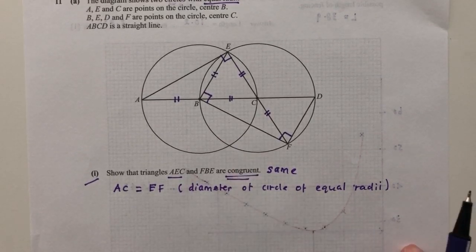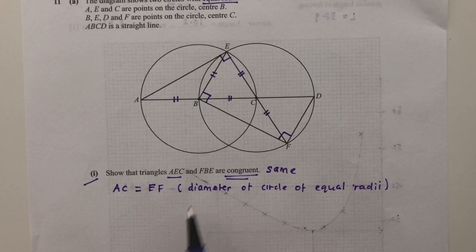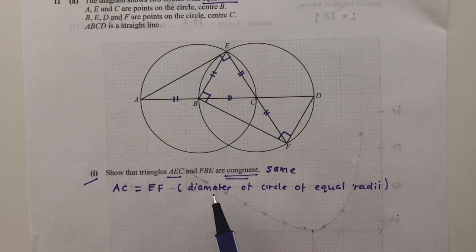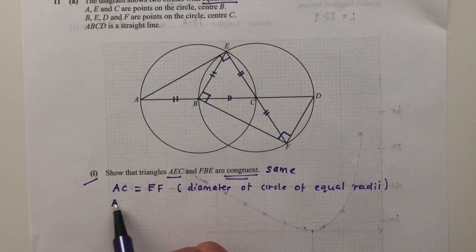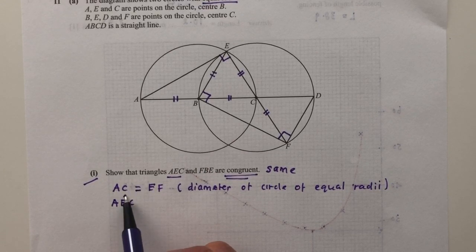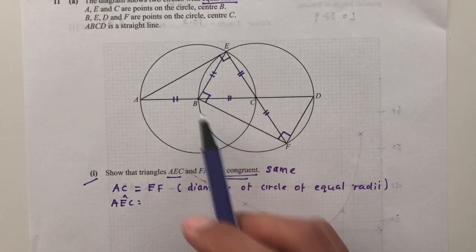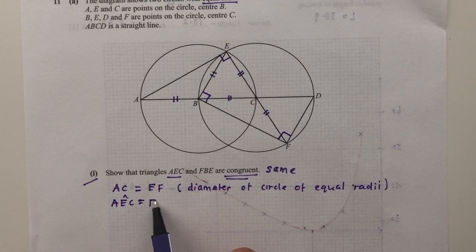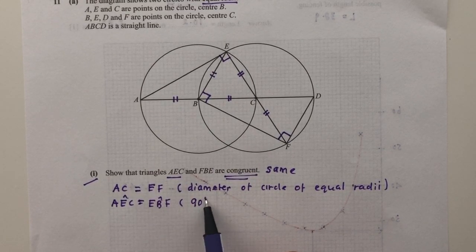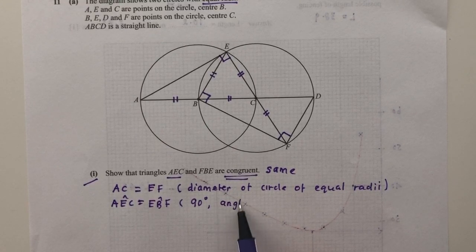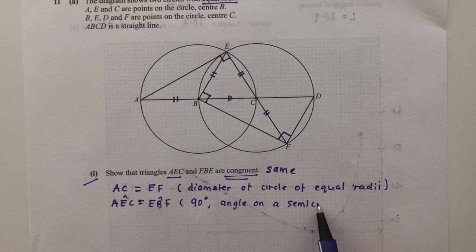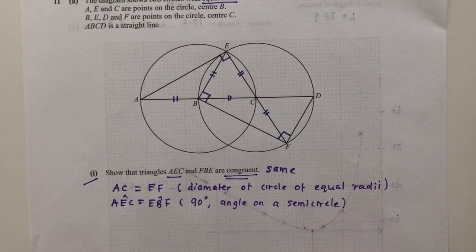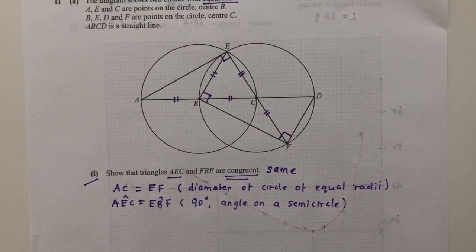Since the radii are equal, they have the same diameter. That's why they are equal. Now the other one is we have angle AEC equal to angle EBF, which is 90 degrees. It is the angle on a semicircle. That's the other reason.